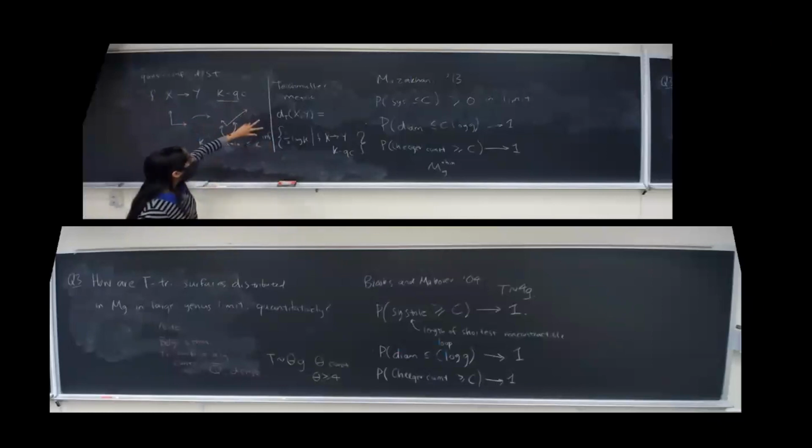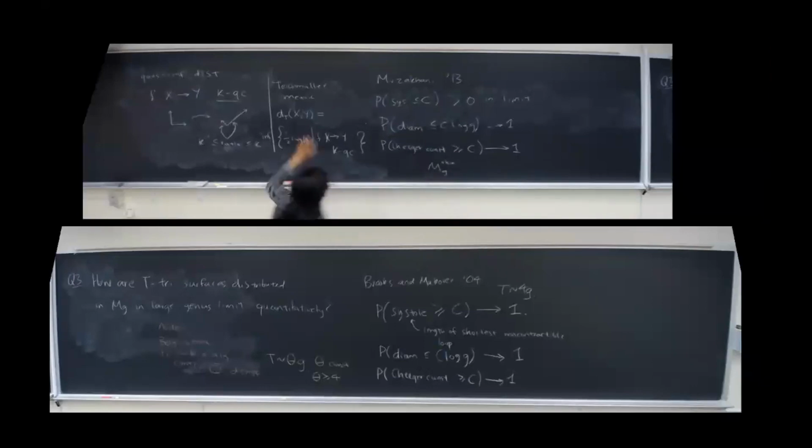And then the second point I want to make is that since we have these similarities between the geometry over there and here, the Teichmüller metric actually measures how the geometry of the hyperbolic metric changes.